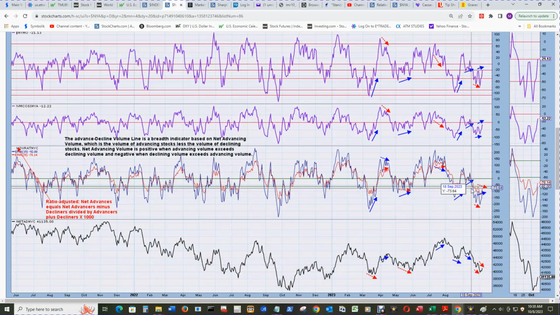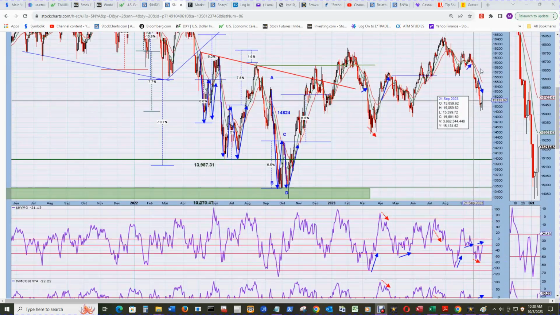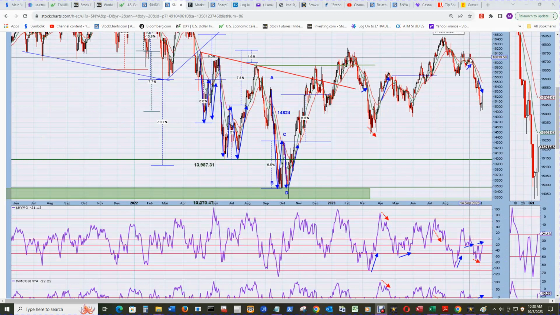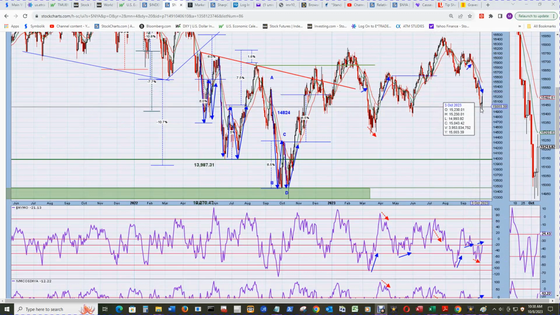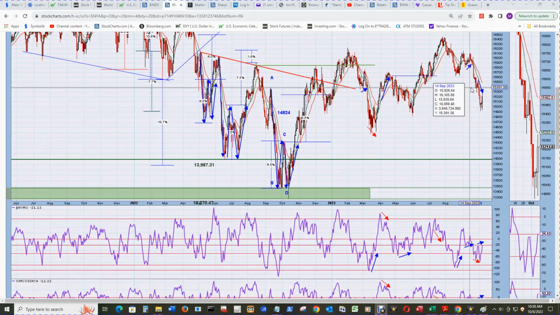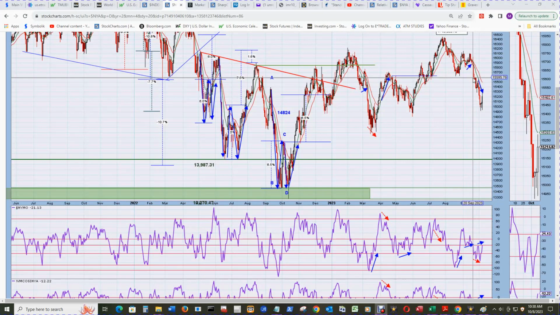And before that was a warning of change of direction to the upside because of the divergence in AD line going down. However, on that day or a day later, the next day, there was a precipitous drop, and that was that huge downdraft that we just experienced.